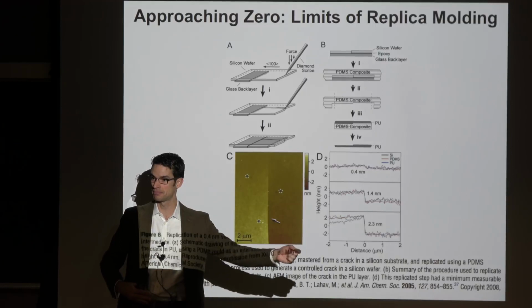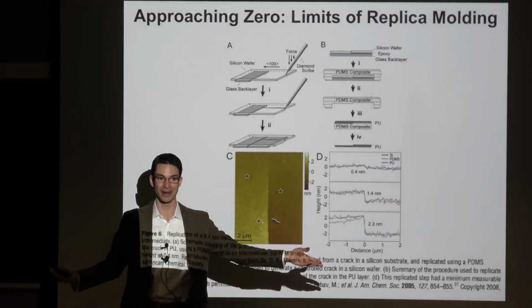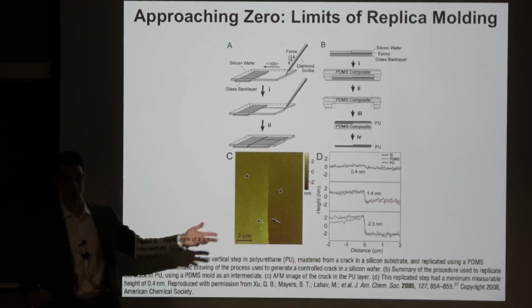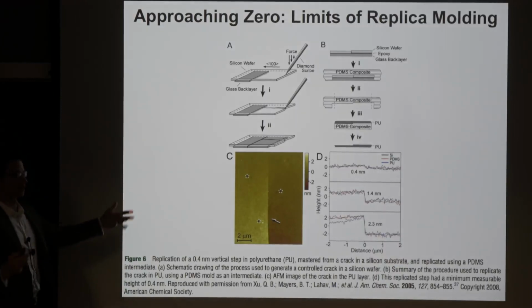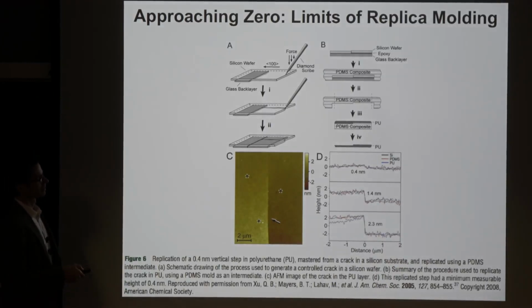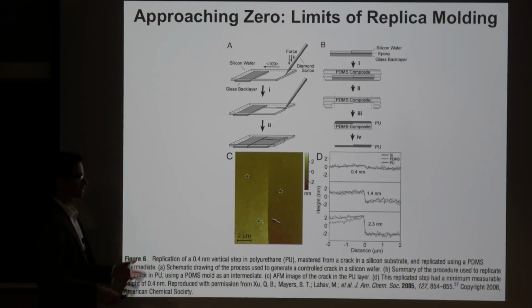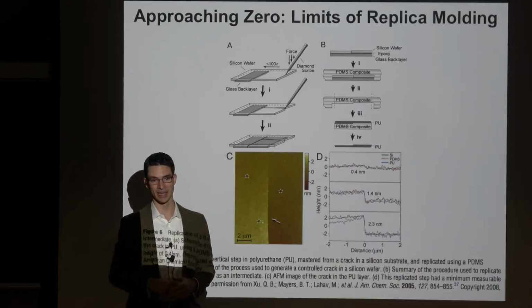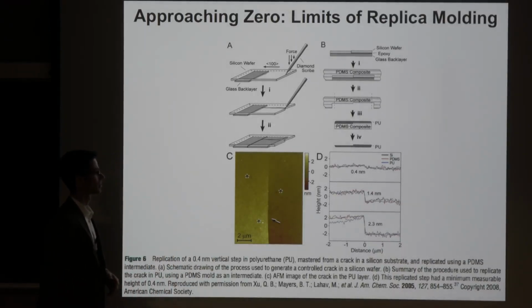Because the next angstrom in, it's not cracked anymore. So logic says that there's a 1 angstrom or 2 angstrom step edge, whatever atom you're using. And indeed, this is what happens. If you take the prepolymer, you can actually measure this by atomic force microscopy to be a step edge of 0.4 nanometers, which is about the van der Waals diameter of a silicon atom, approximately.